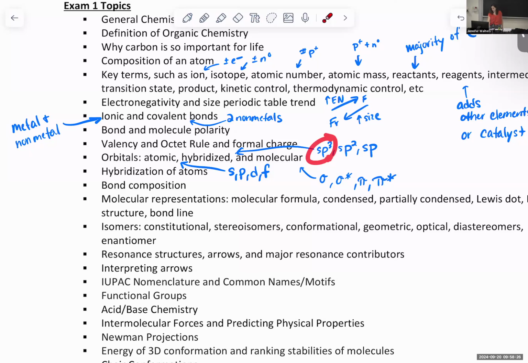sp3 is tetrahedral. sp2 is your trigonal-planar. sp is linear. So we have that quick trick of all single bonds, sp3, double bond, sp2, triple bond, sp, but we need to watch out. If you have resonance, then it can change it. So if you have a lone pair of electrons next to a pi system, then if it looks like it should be sp3, but you're next to an sp2 or sp hybridized atom, you get resonance, then you're going to be an sp2 hybridized atom.